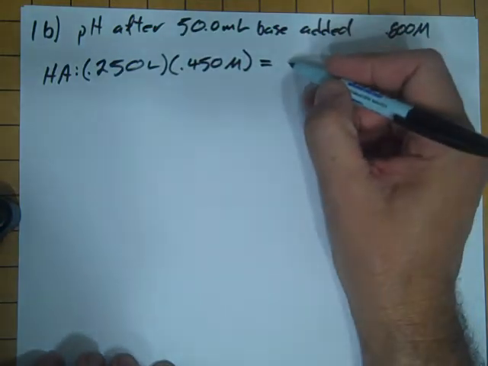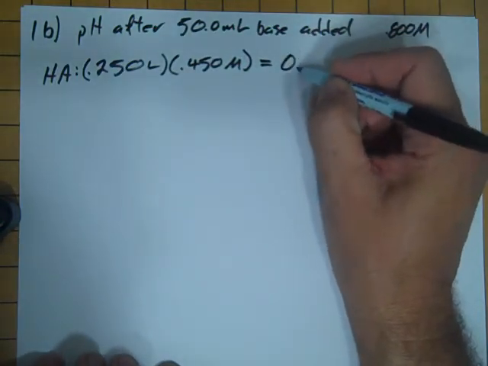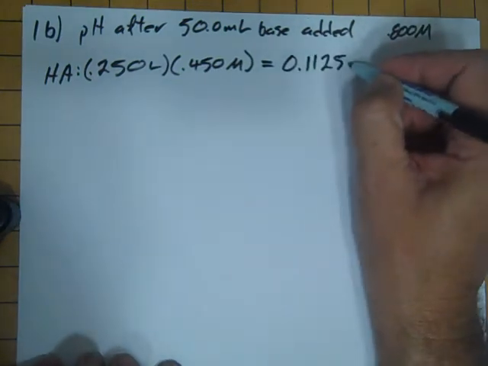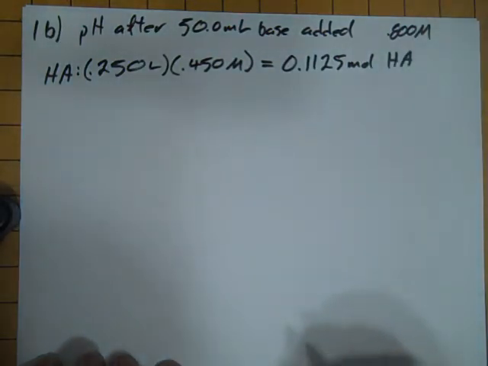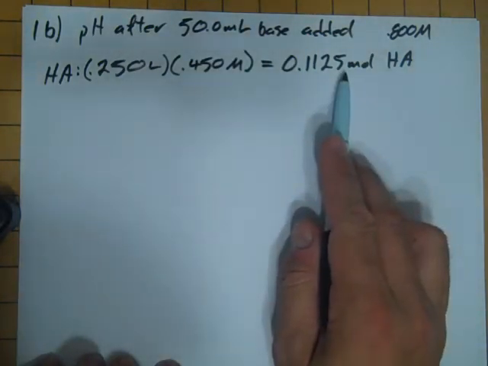And we find out that at the beginning of this, before we did anything, we happen to have 0.1125 moles of acetic acid, of the HA, the weak acid. Now this is important because this is what we're neutralizing.